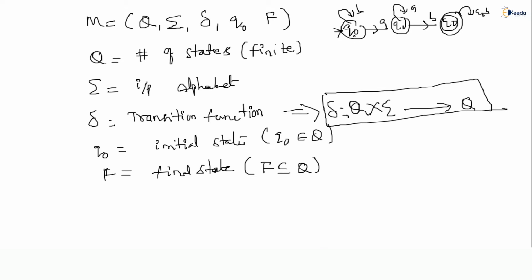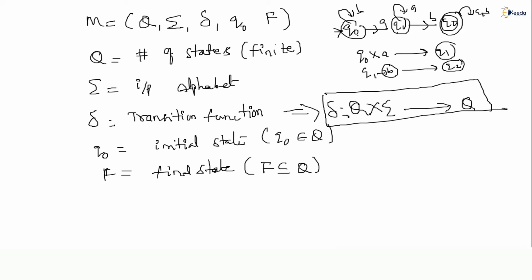See, in each state, the alphabet is common, like all the symbols I'm using. So Q naught is a state. I'm taking input symbol A, and it is moving to Q1, only Q1. What is Q1? A state only. Similarly, suppose Q1 on B, where am I going? I'm going to Q2.